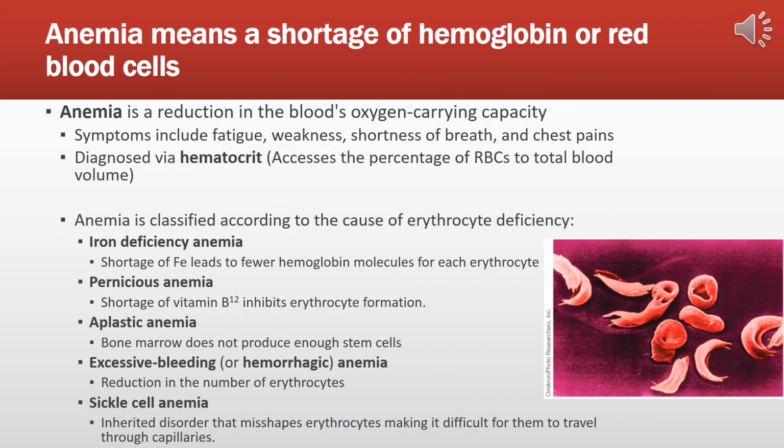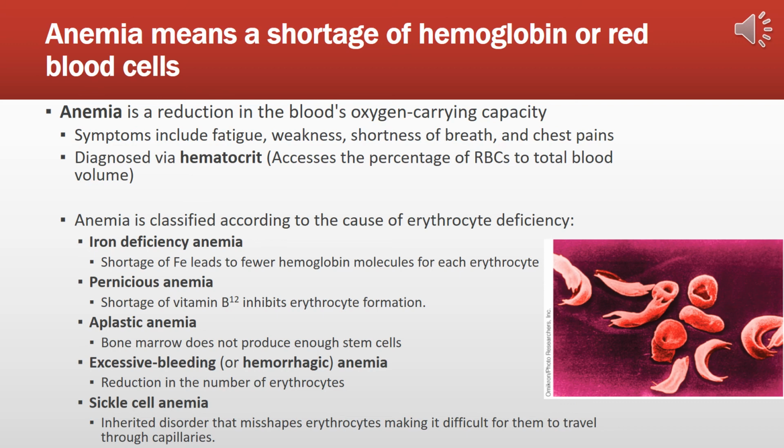Anemia is another serious blood condition, and this is a shortage of hemoglobin or red blood cells. And anemia results in a reduction of the blood's oxygen carrying capacity because of our lack of hemoglobin and erythrocytes. And symptoms include fatigue, weakness, shortness of breath, and chest pains.